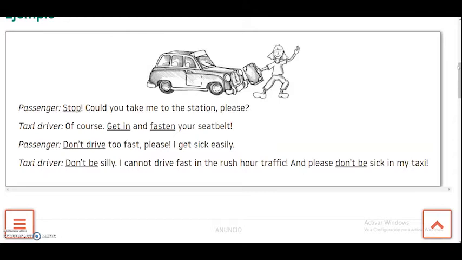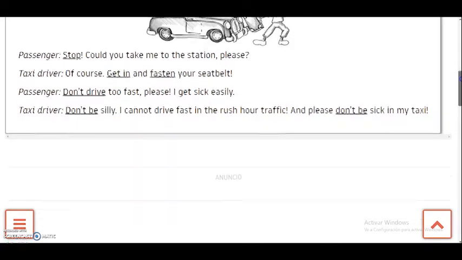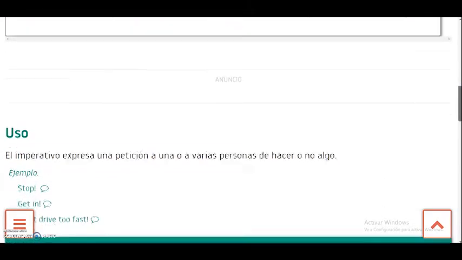That's the point about the imperative way, that it's a way to speak to someone that you want to catch their attention, but it's not so polite.